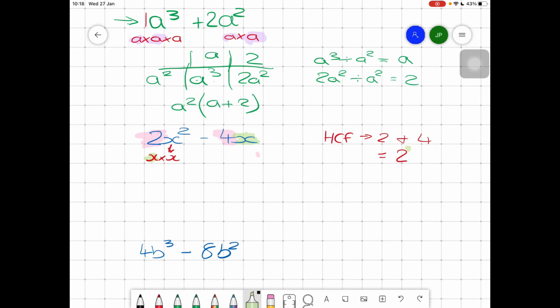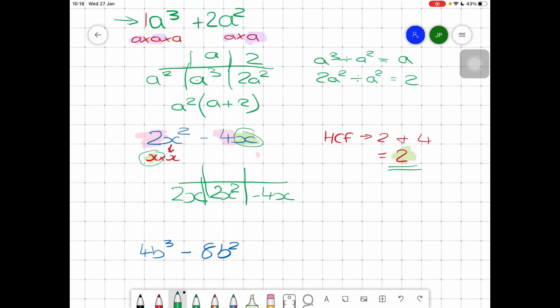So this means I'm going to have my 2 and my x taken out. When I come back to my grid again, I'm going to take out 2x, because I've got a highest common factor of 2 and an x that's common to both. I can put my terms from my question back in, so I have 2x squared and minus 4x.